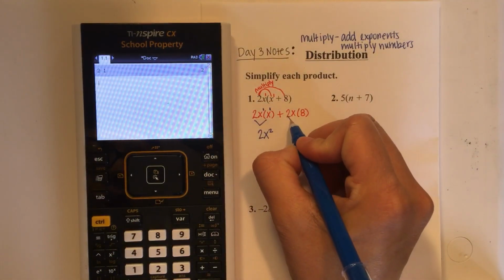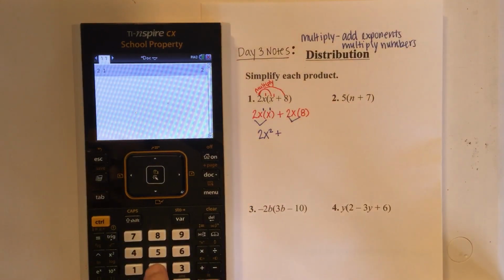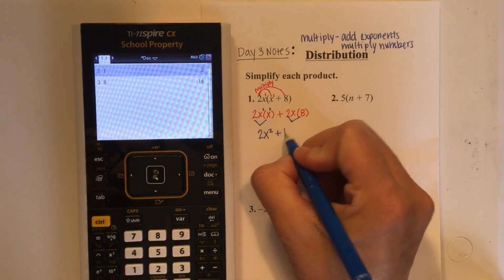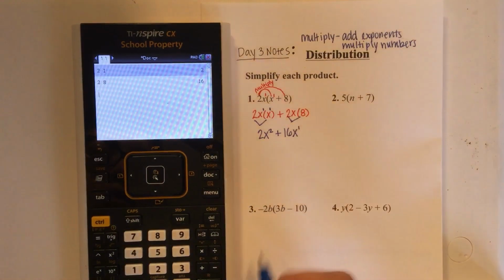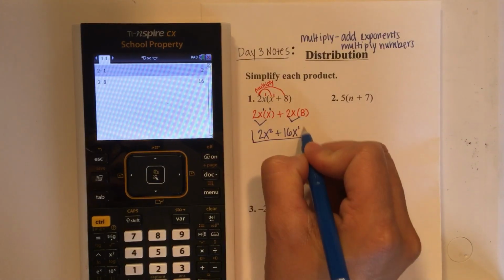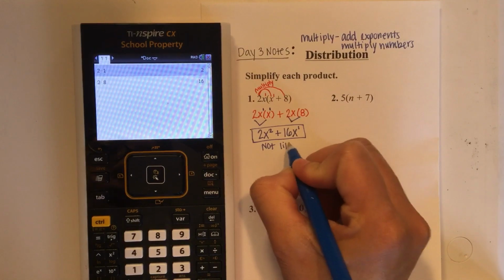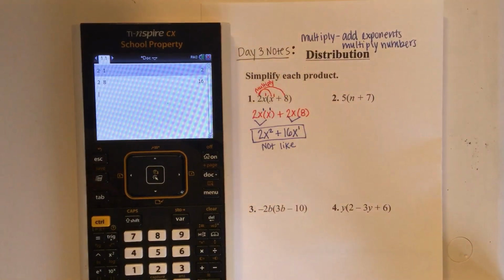Here you're only multiplying 2 times 8, and you keep the x. So 2 times 8 is 16, so plus 16x to the 1 power. Here you're done, because x squared and x to the first are not like terms.